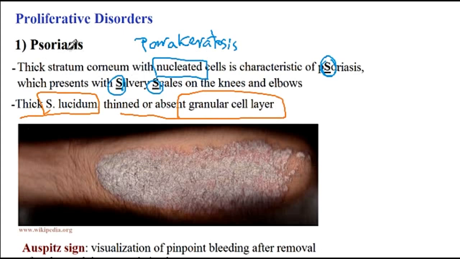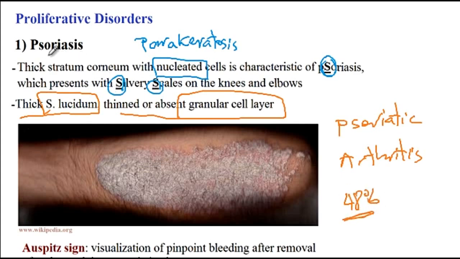This type of skin disease is also associated with psoriatic arthritis, and it has been shown that as many as 48% of patients with psoriasis can also have psoriatic arthritis.